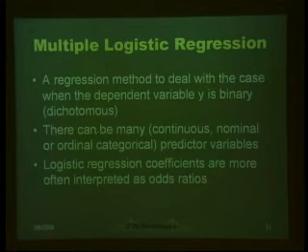This model also allows you to consider many predictive variables or risk factors, the same situation as the linear regression model. These predictive variables can be continuous like age, or nominal like gender, or categorical ones. If I break the age into different groups, I get categorical variables. And the regression coefficients of this logistic regression model are often interpreted as odds ratios.